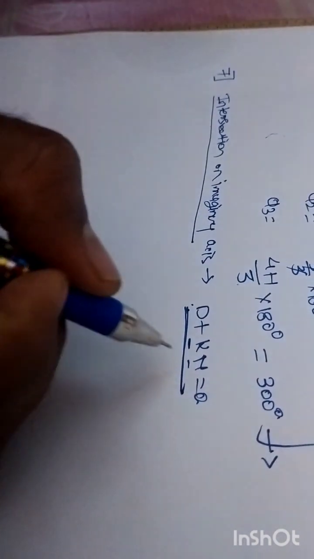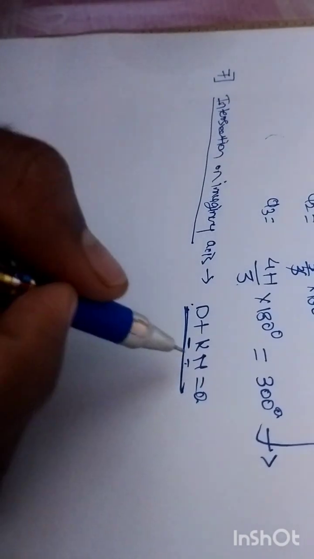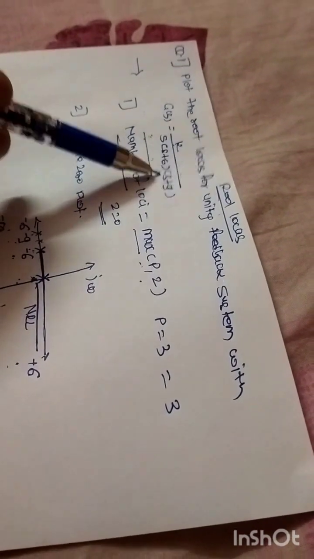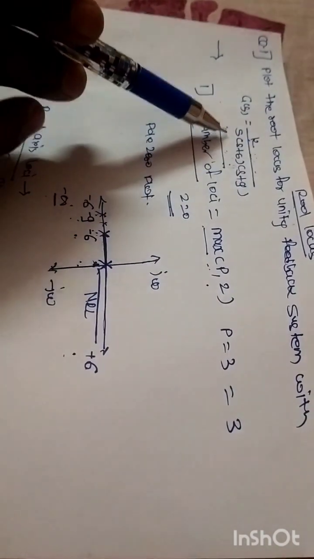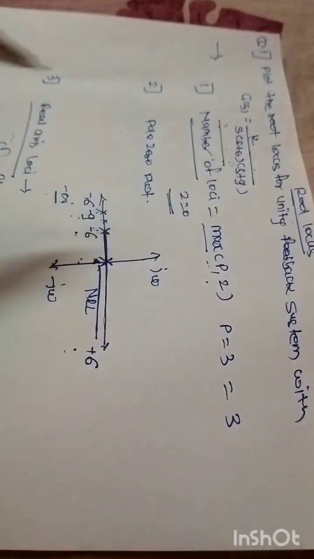These two polynomials are taken from the open loop transfer function, which equals K upon s into s plus 6 into s plus 9. So we need to consider these two values in this notation.